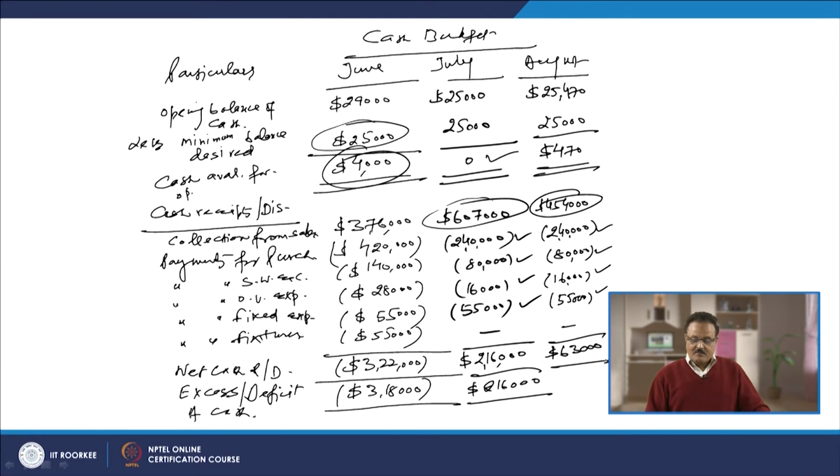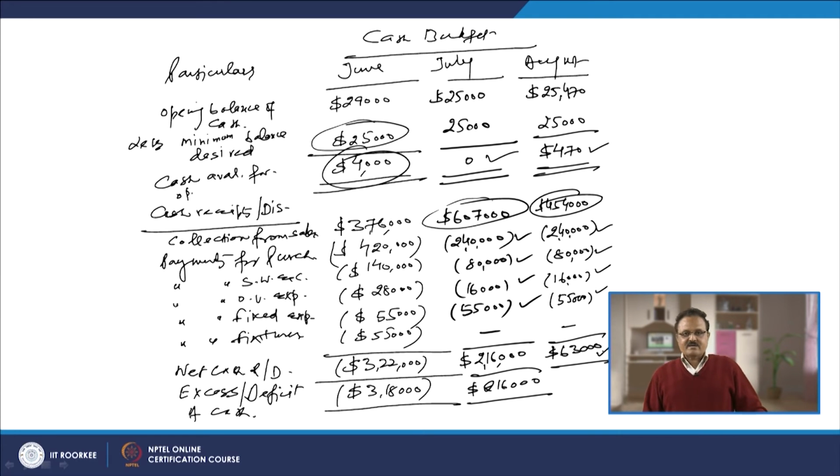So now how much is the total amount available? We have $470 available for operations, plus we have got a surplus of 63,000, which is the surplus of collections over disbursements.